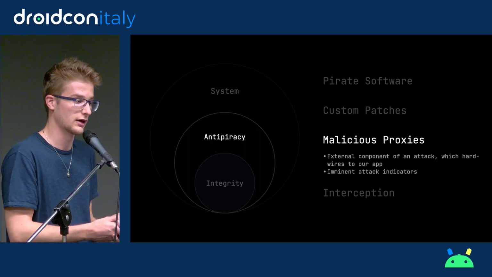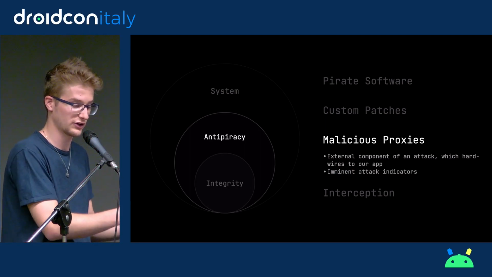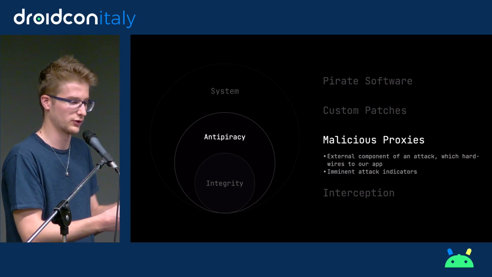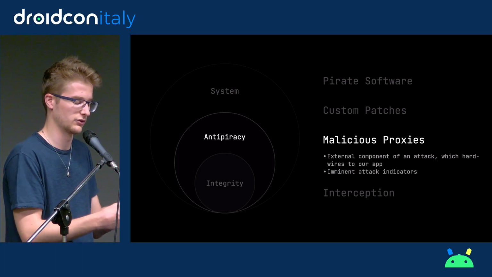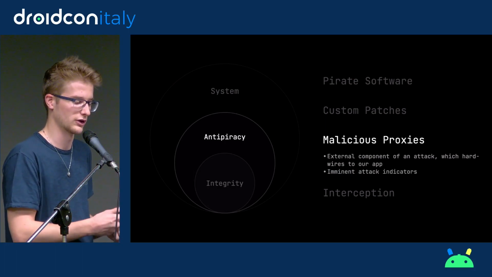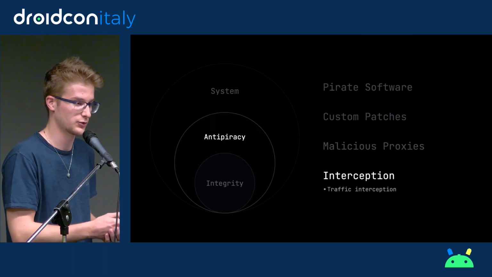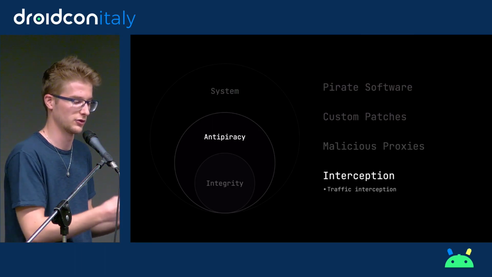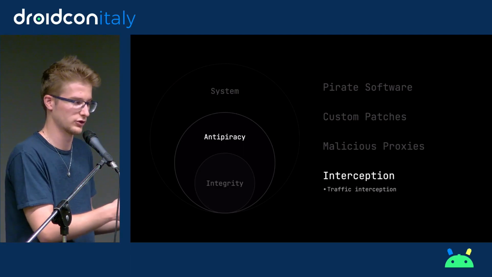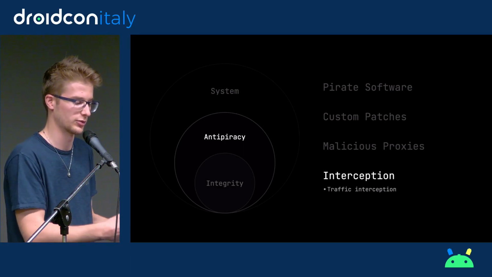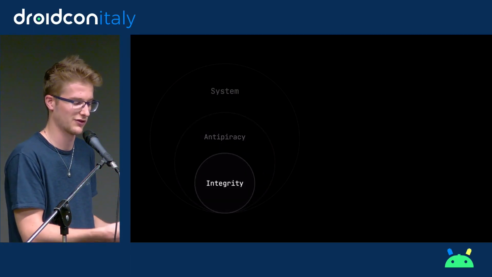Those are bad, but they are detectable; they are like proxy servers for service redirection from your Android application. And you may have interception, where some software tracks, for example, the network traffic or what goes on in your application, and you may not want that.